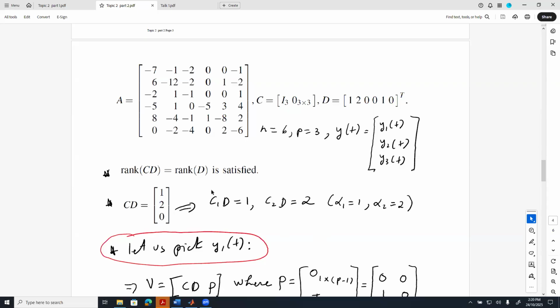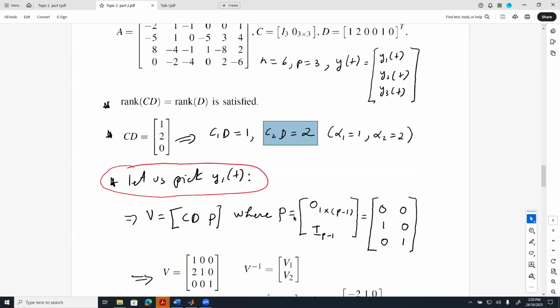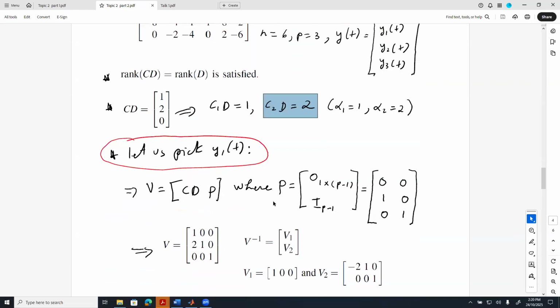So that means that we have C1D equal to alpha 1, and C2D equal to alpha 2, equal to 2. So we have an option of selecting either y1 of t or y2 of t in the decomposition. And we're going to look at both of them together.